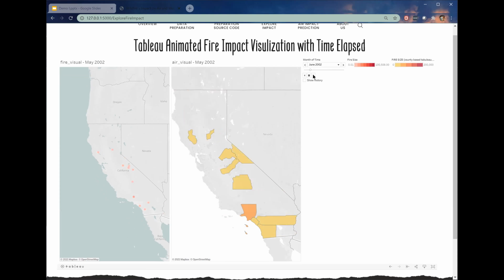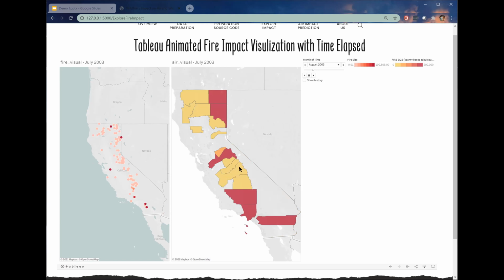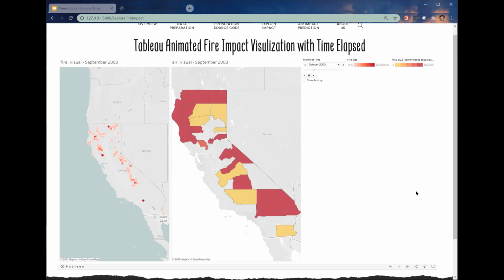When you click the play button, you can see the timeline going forward and all the fires that happened during that time. The left map points out every wildfire at its exact location given longitude and latitude, and the right map gives wildfires that happened during the time by county.